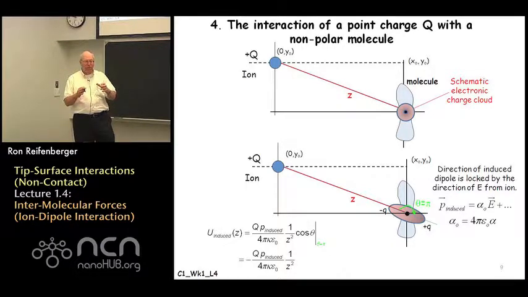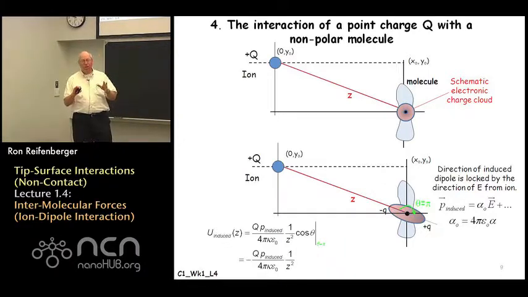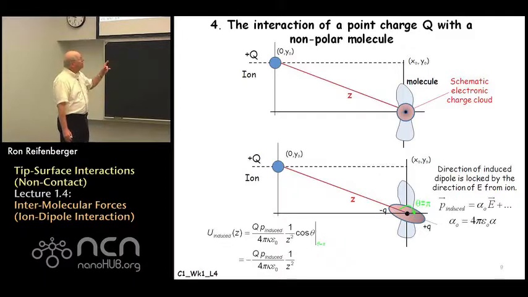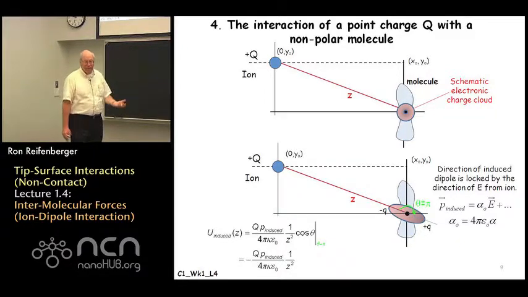So the fact that nonpolar molecules can be polarized by external electric fields is an important result, right? Because it just generalizes this whole discussion in a very interesting way. And I indicate that in this particular diagram where we have a point charge, an ion plus capital Q, interacting with a nonpolar molecule. And I indicate schematically the electron charge cloud of this nonpolar molecule.